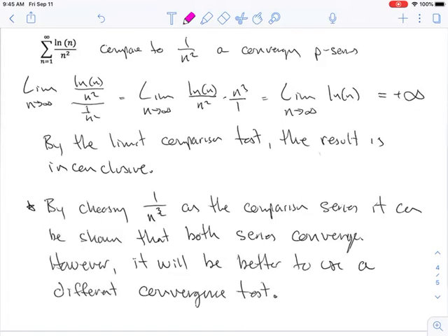If you take 1 over n squared, in this problem, it's inconclusive. So if you're comparing it to 1 over n squared, which we know is a converging p-series, and we take the limit, the limit is infinity. All right, so if the limit is infinity, that generally means it's going to be inconclusive.